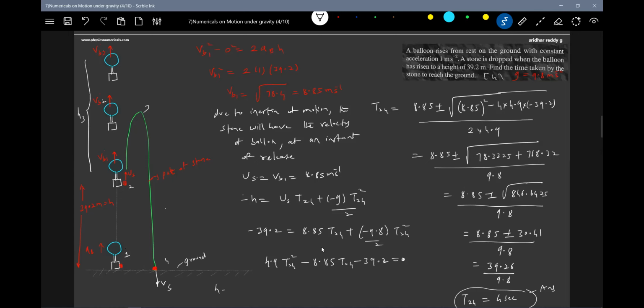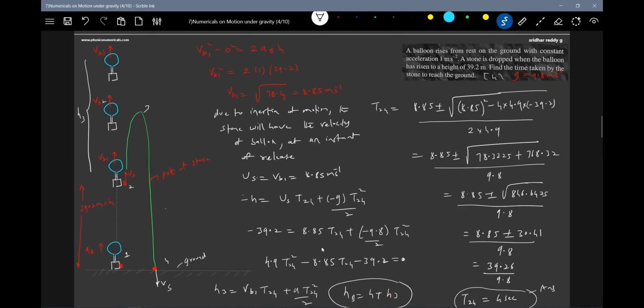So H3 should be equal to VB1 T24 plus half a T24 squared. Then the height of the balloon will be H plus H3.